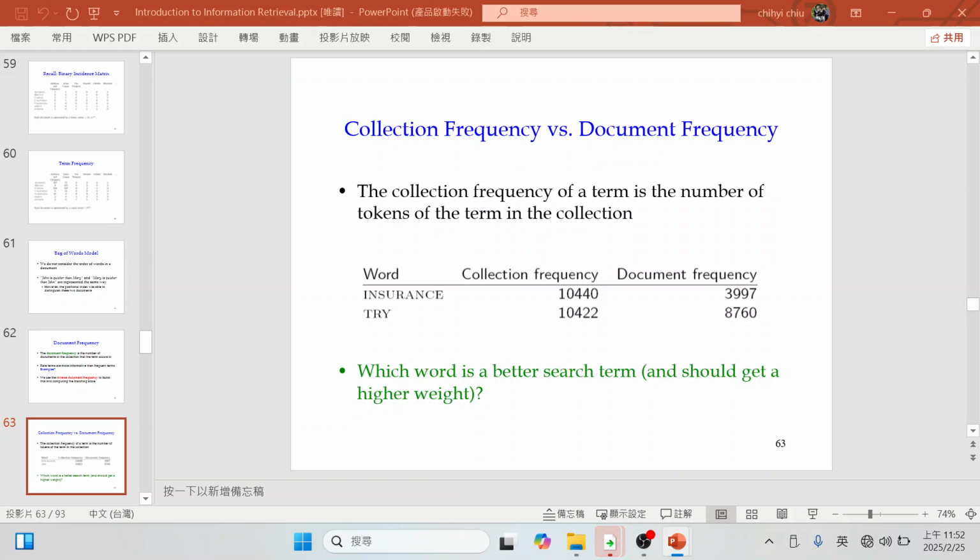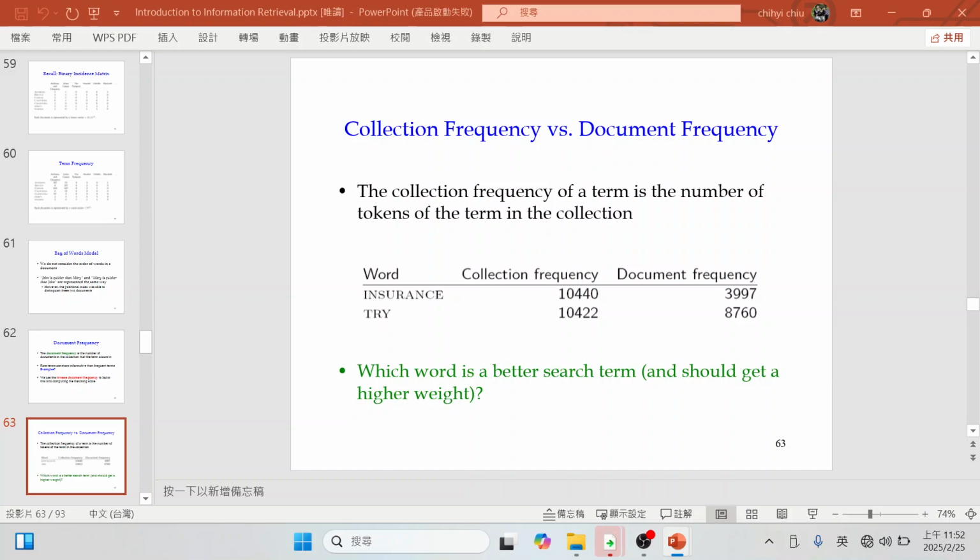Here you see the document frequency is about 4,000 documents, so close to 4,000 documents contain this word. And for the other word, try, there are more than 8,000 documents that contain the word try.